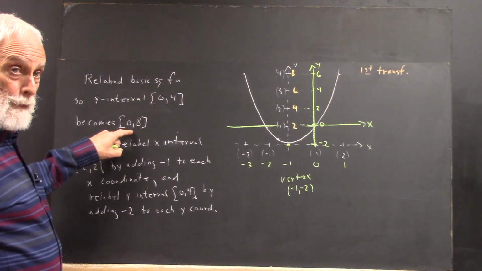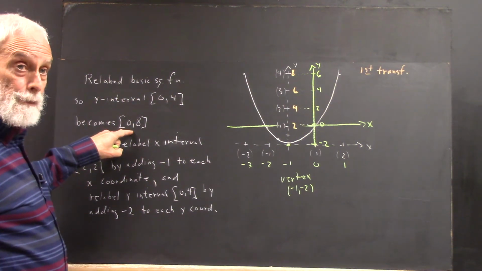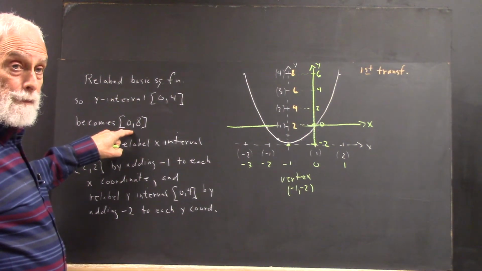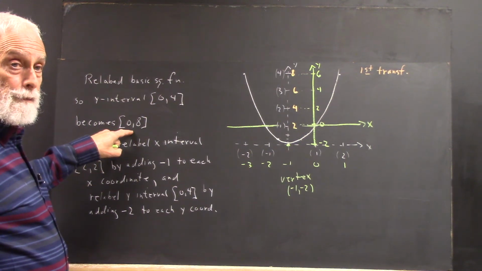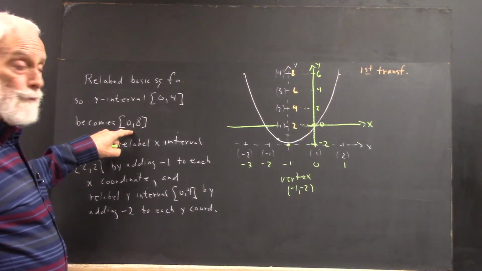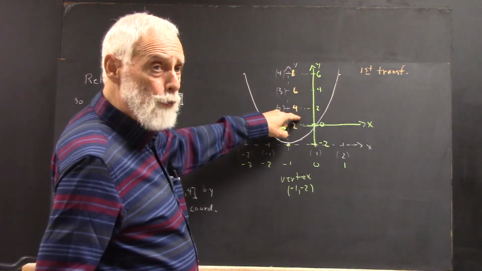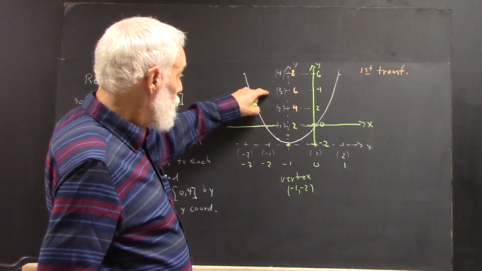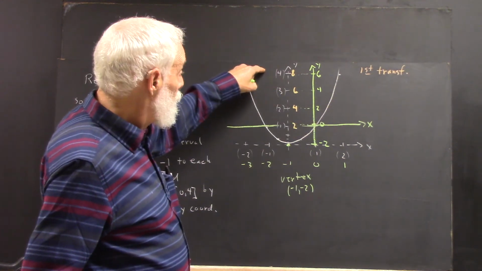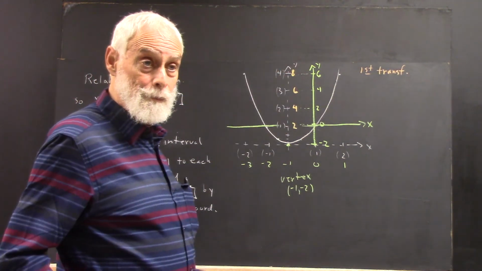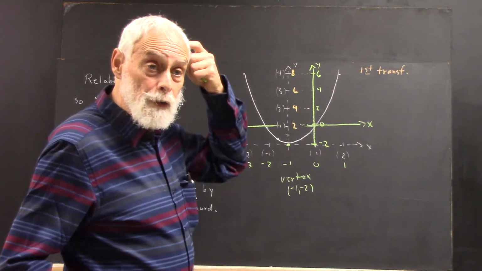Okay? What's happened to the y coordinates? The y coordinate was 2, now it's 4. The y coordinate was 3, now it's 6. The y coordinate was 4, now it's 8. What's happened? They've doubled. Okay?